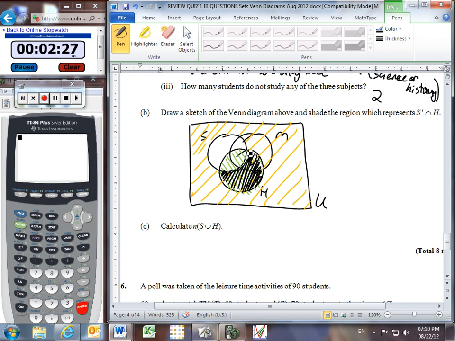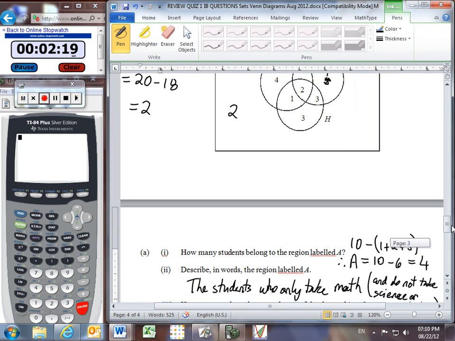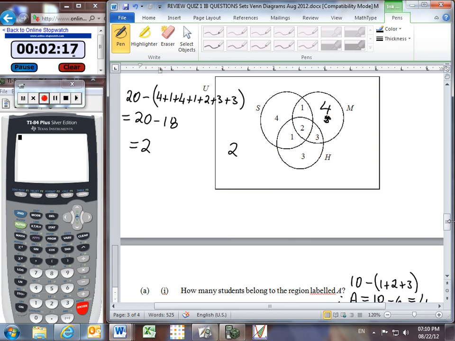And part C, you need to calculate the number of people who are in S union H. So S union H, that's the MasterCard symbol. We need to calculate the total number of people who are in S union H, so the left circle and the bottom circle, all of those together.